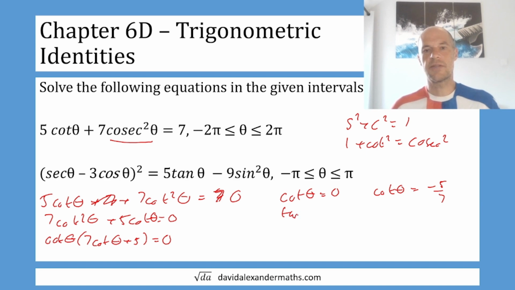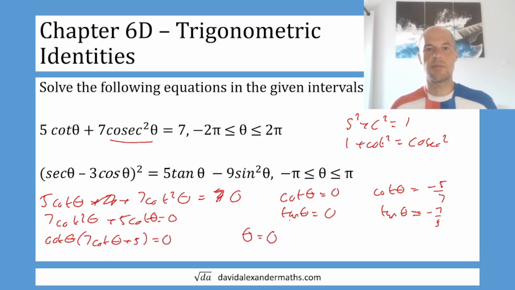So therefore the tan of theta is 0, and the tan of theta is negative 7 over 5. Right, so tan of theta equals 0. I might not actually need the calculator for this one, but I'll use it anyway. Inverse tan of 0 is, of course, 0. So therefore theta is 0.